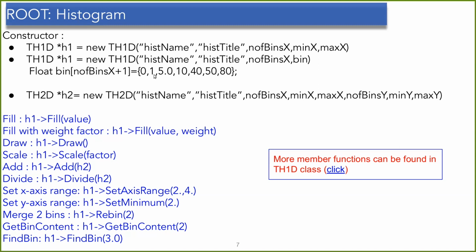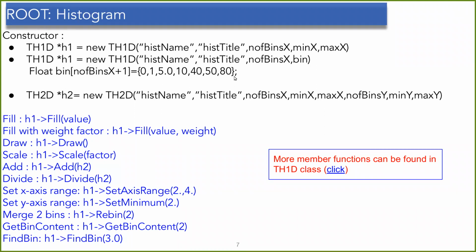For example, here I define it like this. So if you put it here, you will basically have 1, 2, 3, 4, 5, 6 bins, where the first bin has a range from 0 to 1, the second bin has a range from 1 to 5, the third bin has a range from 5 to 10, and so on.